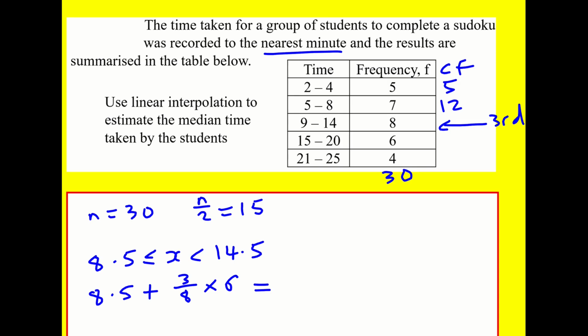We're nearly there. And I get 10.75, which you might round again to 10.8 because it's an estimate. We're assuming that this data increases at this steady straight line.